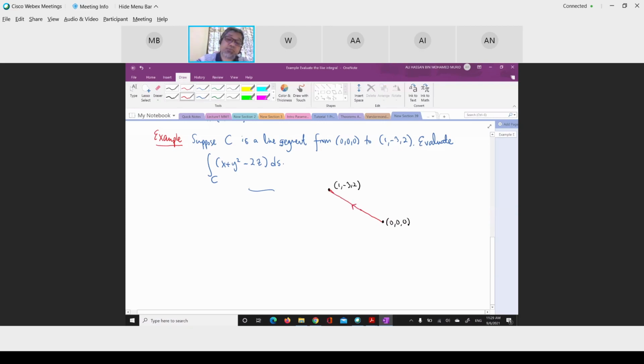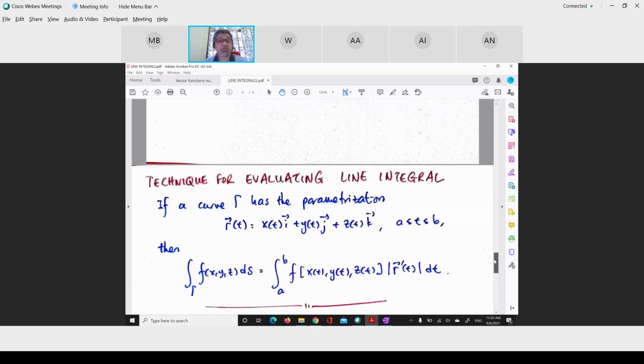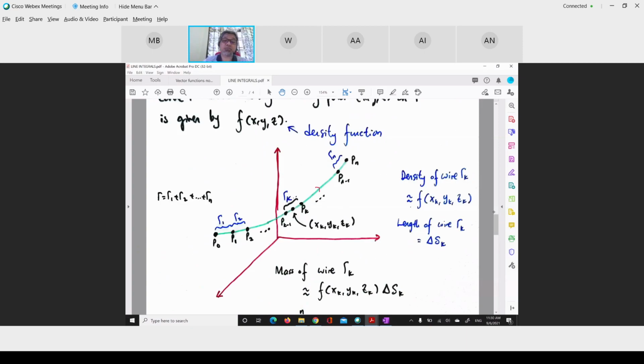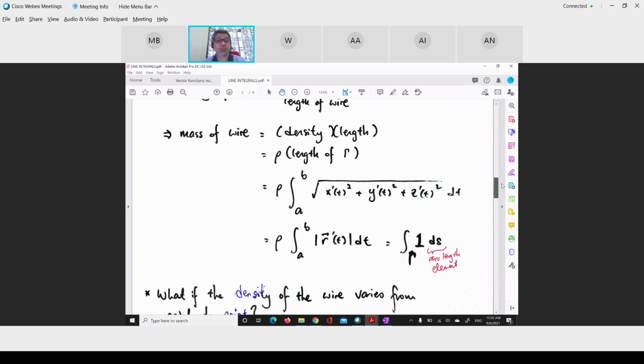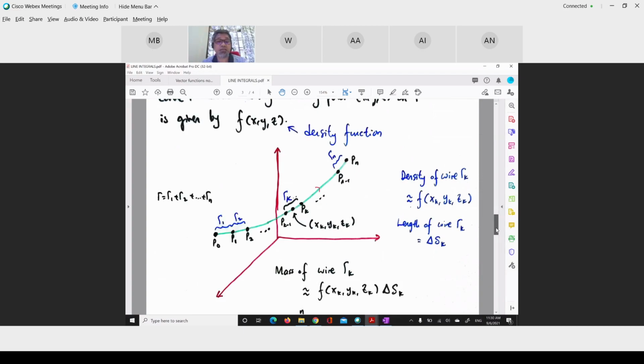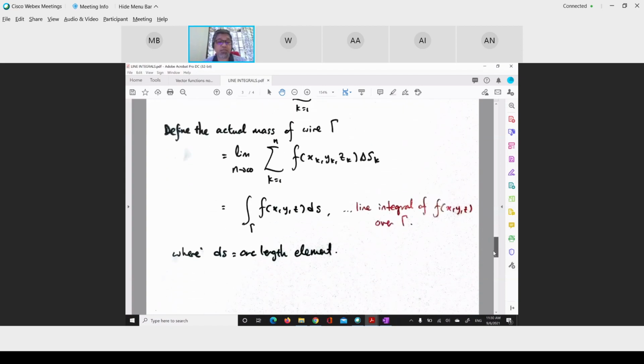The curve C is a directed curve. It has an initial point and a terminal point. If you look at our discussion of line integrals, there is a direction given to this curve. When we parameterize the curve, then it has a direction.